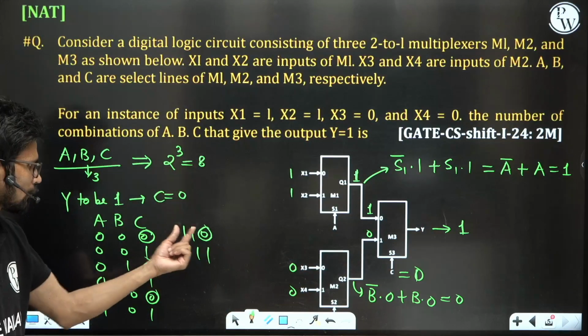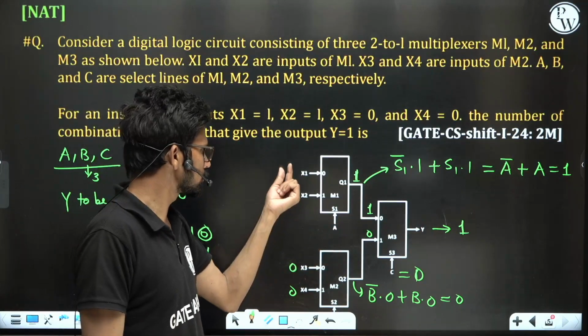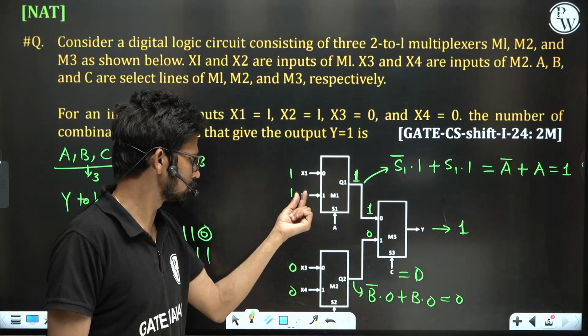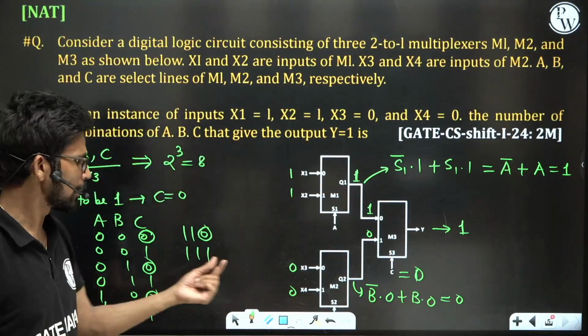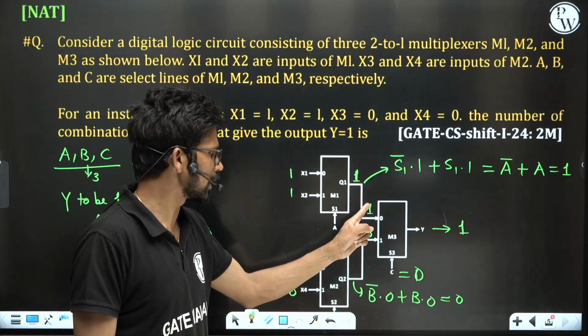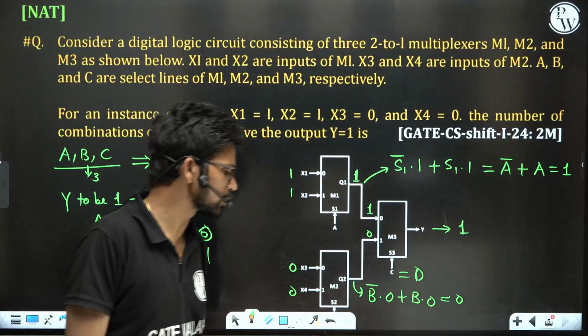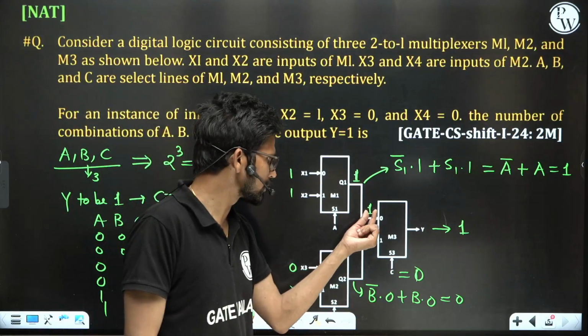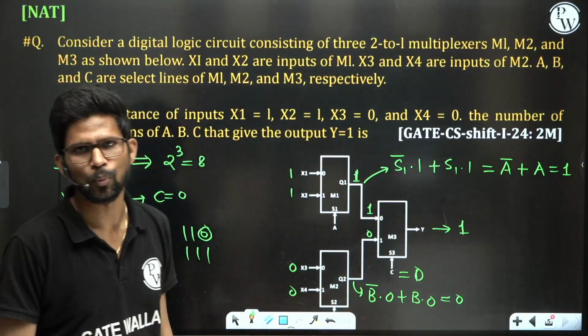For 1 1 0, A is 1, it will select 1 from x2, B is 1, it will select 0 from x4, and therefore again it is 1 and it is 0, and as soon as you put C as 0, it will select I naught and output Y will be 1.